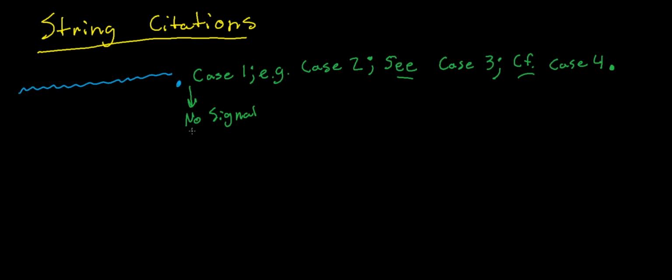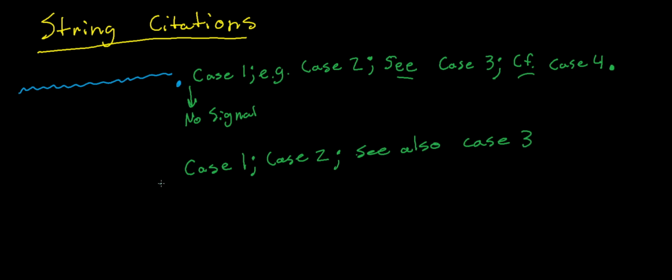Okay? You could also, in theory, have, for instance, case 1, semicolon, case 2, semicolon, and then let's throw in C also, case 3. So a string citation could look like this, where you have no signal here. I should draw this. Okay, so that now you can see there's no signal.